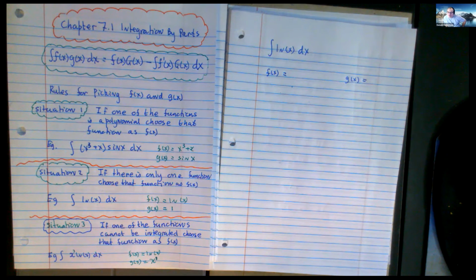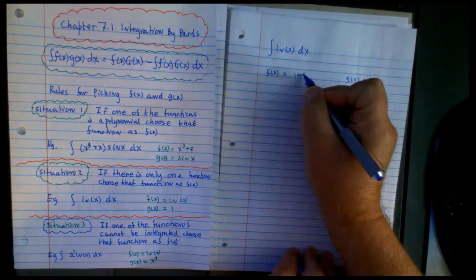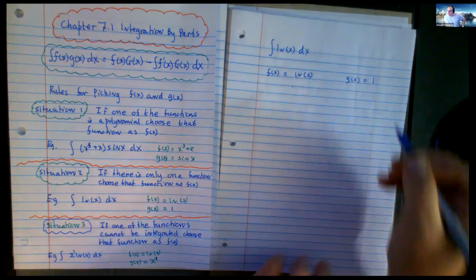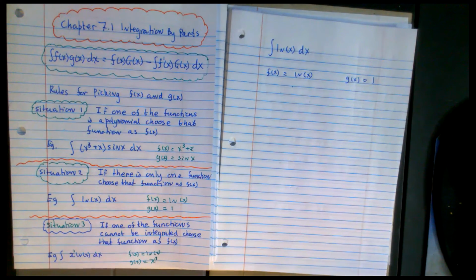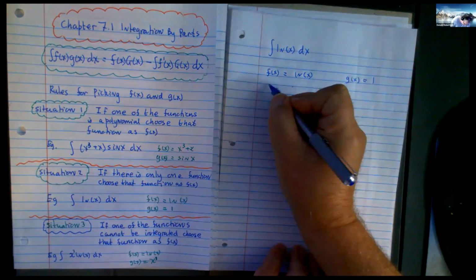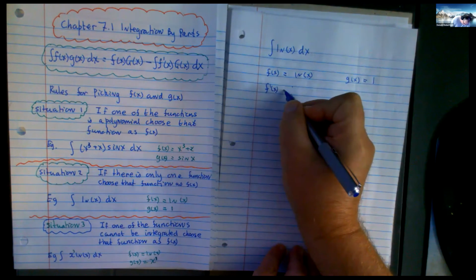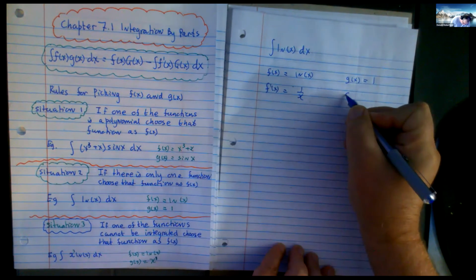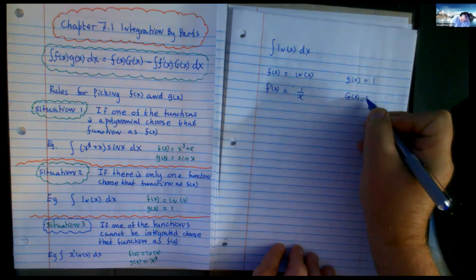Who is f of x and who is g of x in this question? F of x is ln x and g of x is 1. Do you agree it's another situation 2 story? So the derivative of this guy is 1 over x, and the integral of this guy is x.